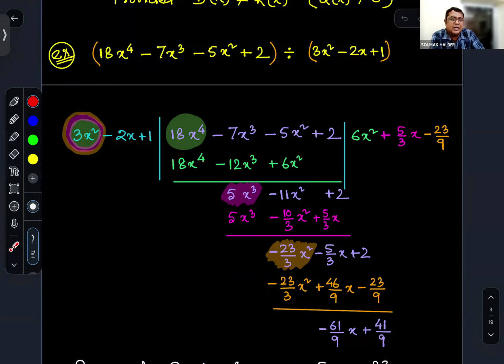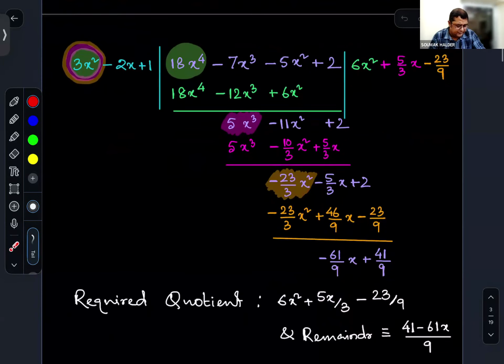And at any stage carry forward term কেও আমরা যখন ডিভিডেন্ড হিসেবে টার্গেট করে এগোচ্ছি, we should stick to the same procedure, match the leading degree term, others will be accordingly carry forward. And the process will be stopped as soon as you get something in carry forward which is of lesser degree than your divisor. যেমন এখানে লাস্ট স্টেজে আমরা 1 ডিগ্রি পলিনোমিয়ালে পৌঁছে গেছি, so that marks the end of the division process.